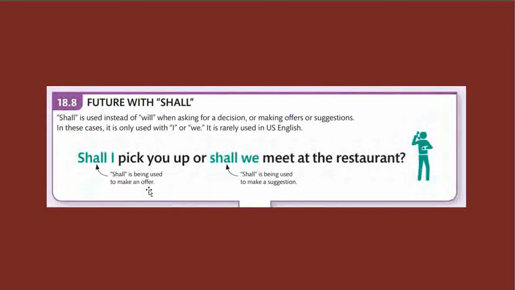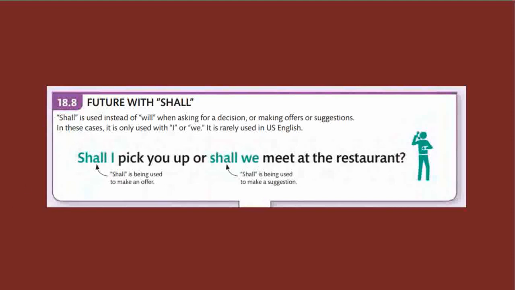One is for offer and the other is for suggestion. Shall I pick you up is an offer. Shall we meet at the restaurant is a suggestion. In both the cases, shall was used with only the first person pronoun, that is I, and that is we.